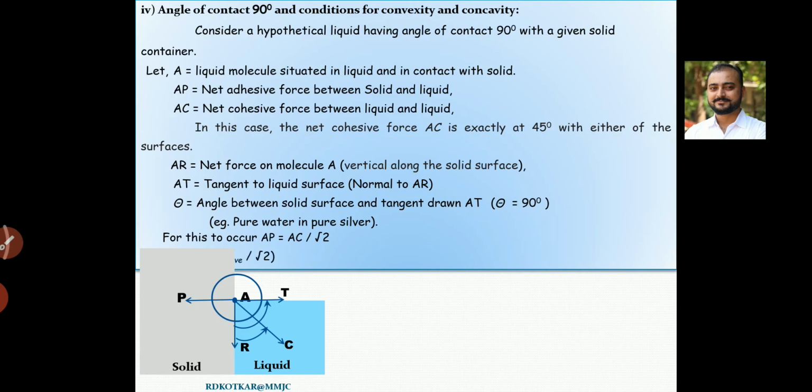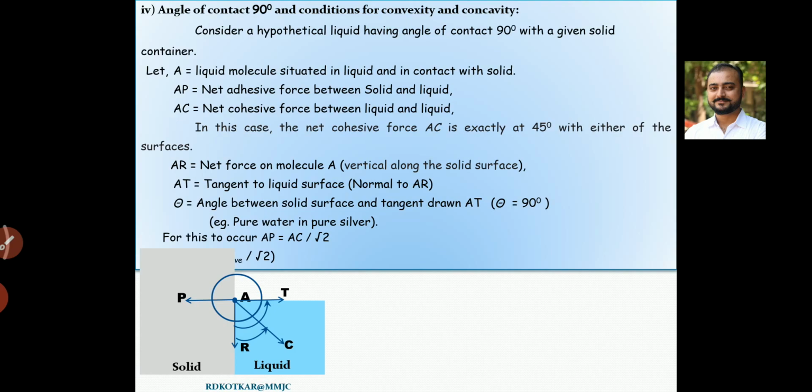This relation gives us the force of attraction. Here AP is equal to AC by root 2.